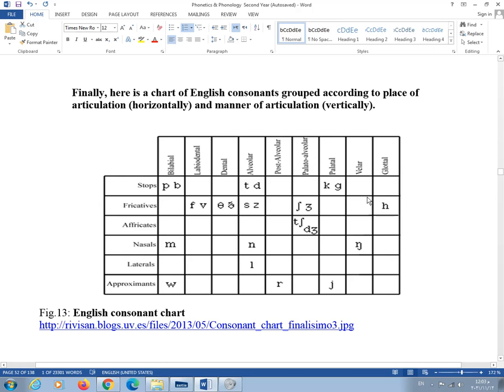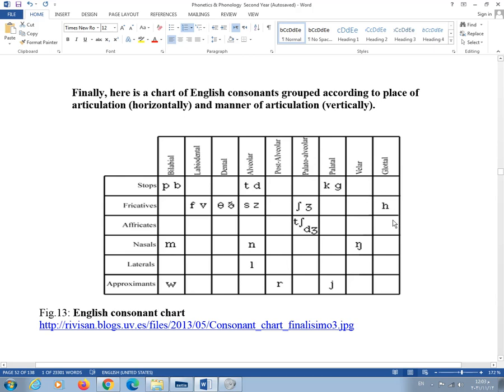We have only one palatal sound, which is Y. According to many phoneticians, K and G are not palatal, they are velar, so please shift them to this cell. And then we have glottal, which is H.